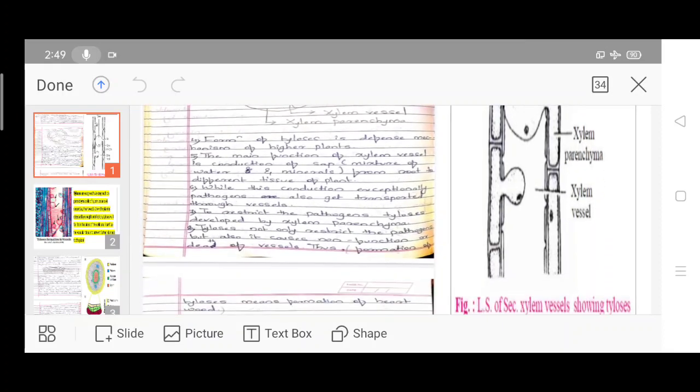The main function of the xylem vessels is the conduction of sap, that means the conduction of water as well as minerals to different tissues of the plant. During this conduction, pathogens also get transported through the vessel.